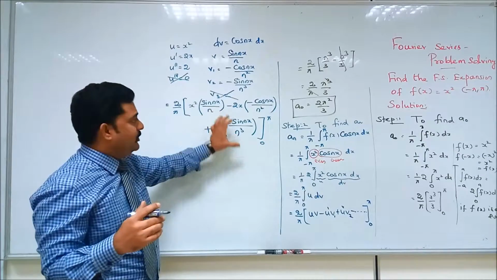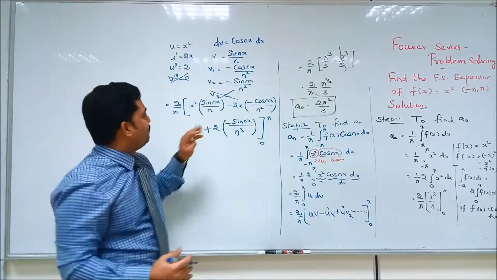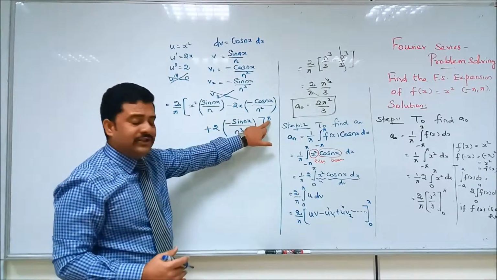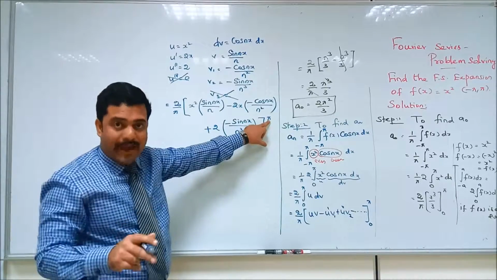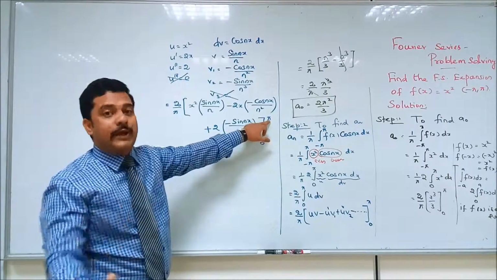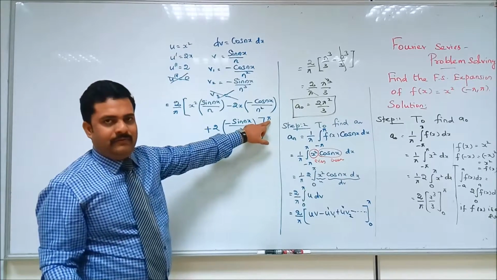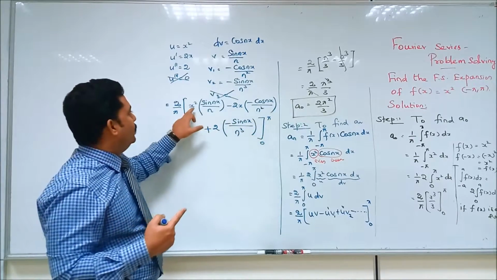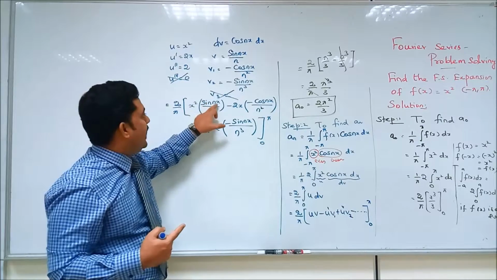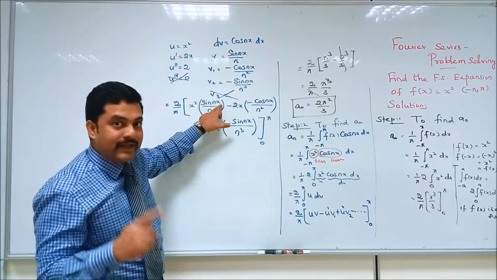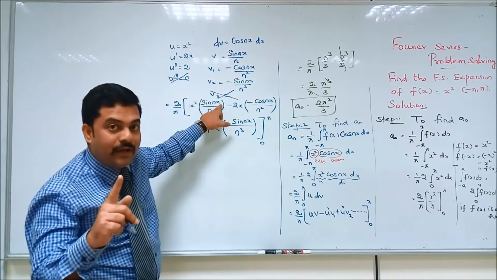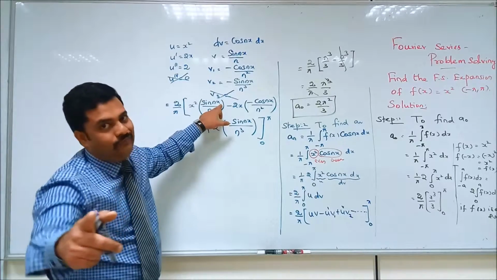Before simplifying this, think first. First we are going to substitute the upper limit, minus, and then we are going to substitute the lower limit. Substitute your upper limit first. This is pi. So pi power 2 sine n pi. So what is the value of sine n pi?